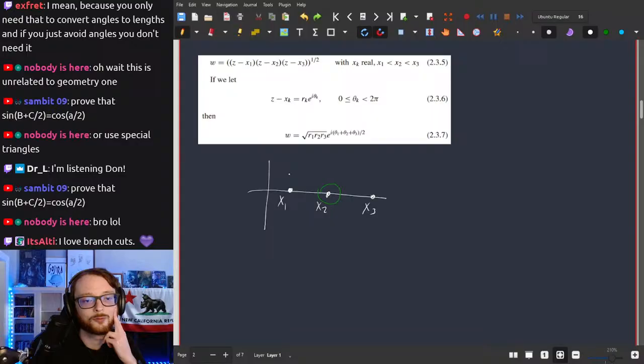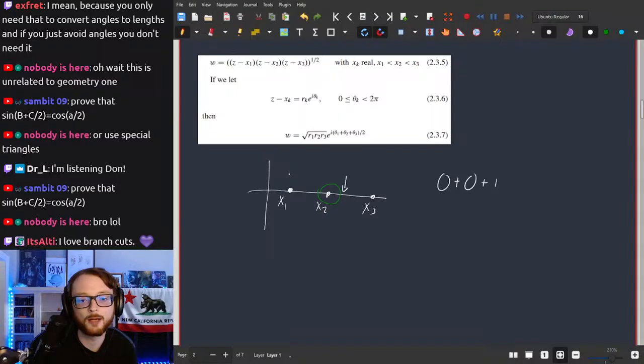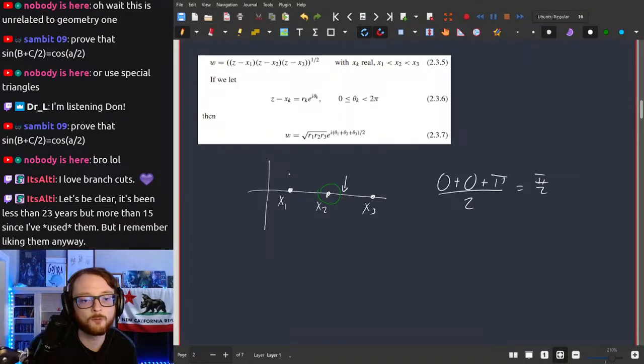So what's happening here? As we approach from above, x1 and x2 are measuring something close to 0 degrees. x3 is measuring pi. So we just get pi over 2. But if we approach from below, x1 and x2 are measuring 2 pi. That's the trick. That's why we don't get issues here. And x3 is still measuring pi.